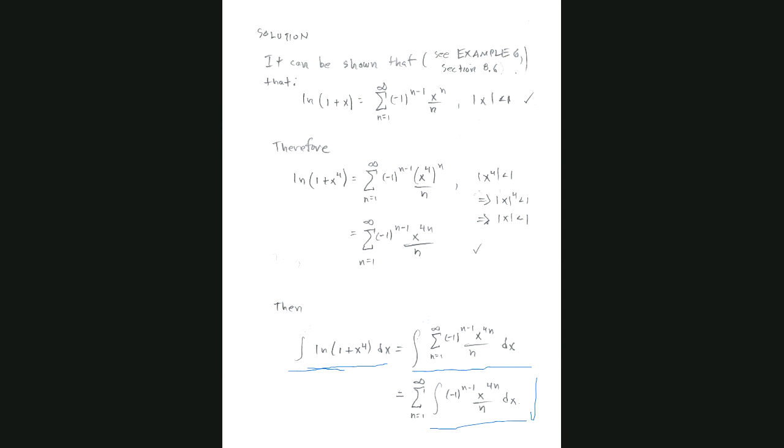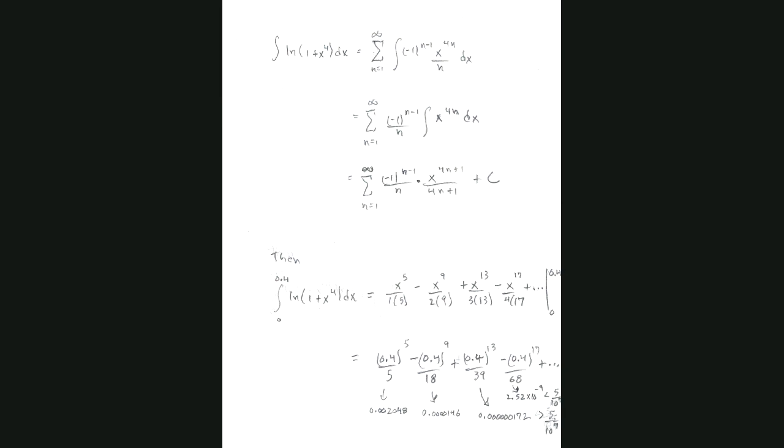Okay, so now we continue with the problem. All right, I'd like to move to the next slide. Are we good so far? Okay. So here's where we were. The integral of the log of 1 plus x to the fourth dx is the sum of these integrals. And (-1)^(n-1) over n we treat as a constant because the integral is with respect to x. And so we factor the (-1)^(n-1) over n out.